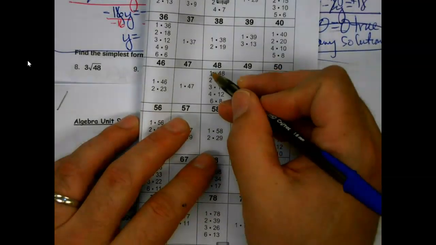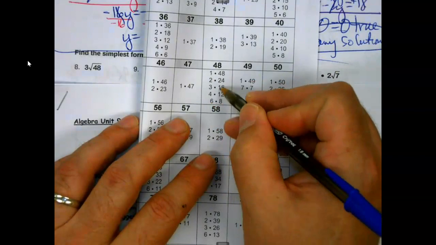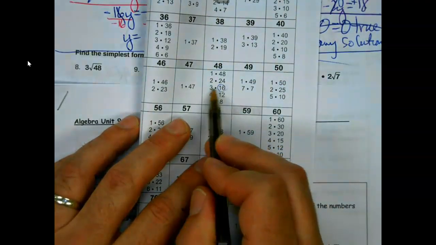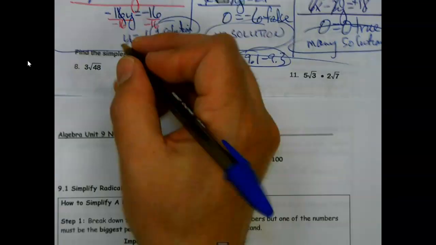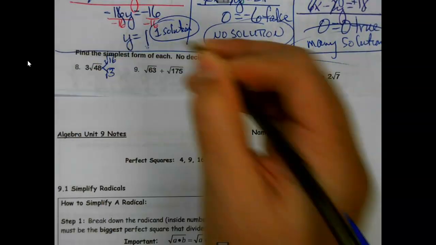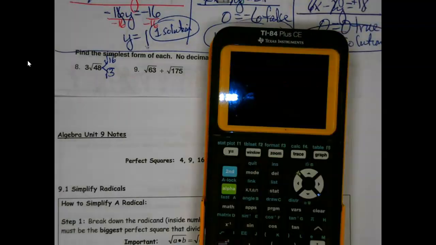So I'm looking through for perfect squares, and I'm like, ooh, that's a perfect square. Let me keep going, though. Find the biggest one. And hey, I've even got the match in here. I don't even have to mess with the calculator. So 16 and 3. But the square root of 16. What is the square root of 16? Do I know? 4.